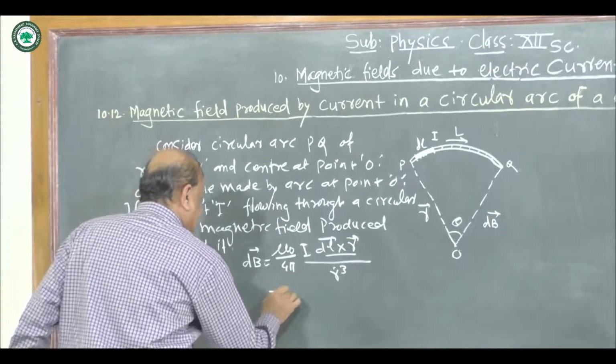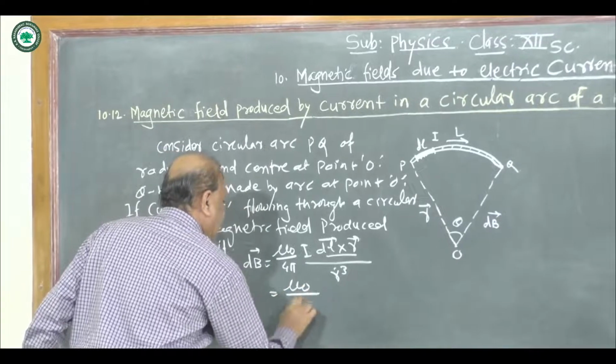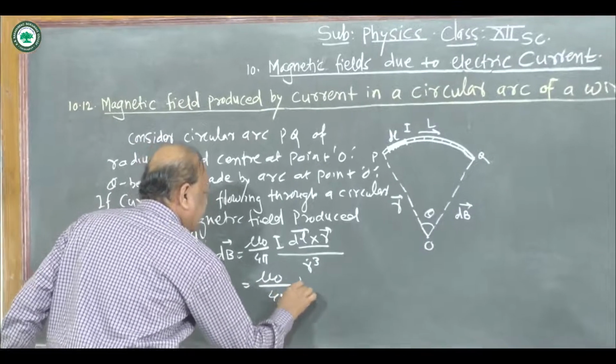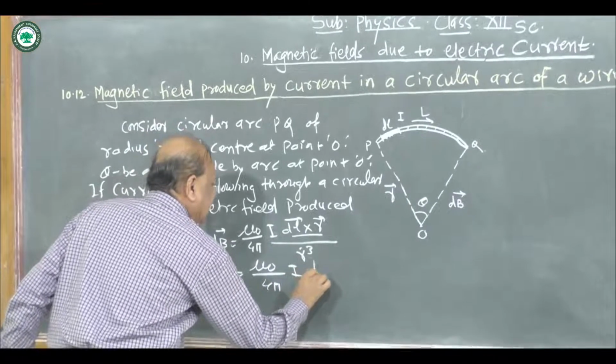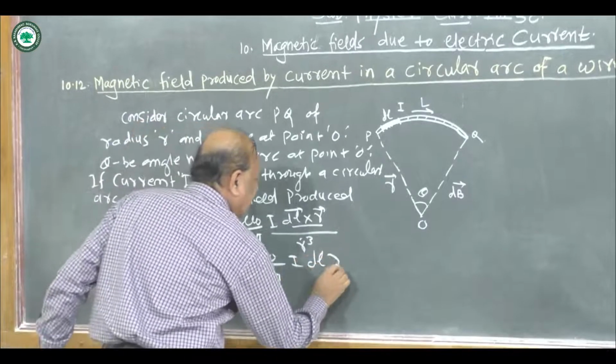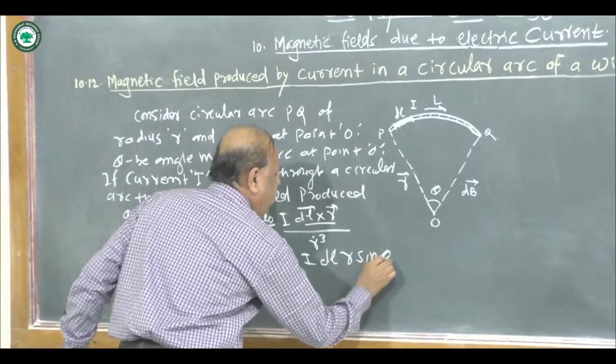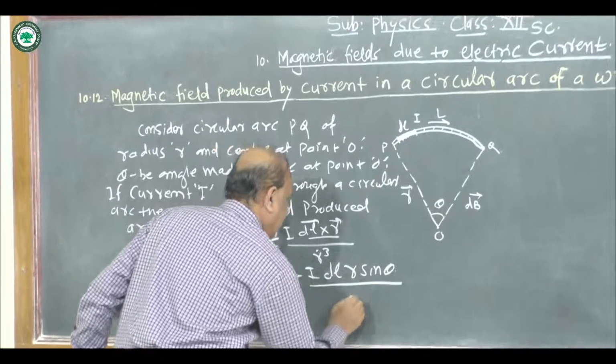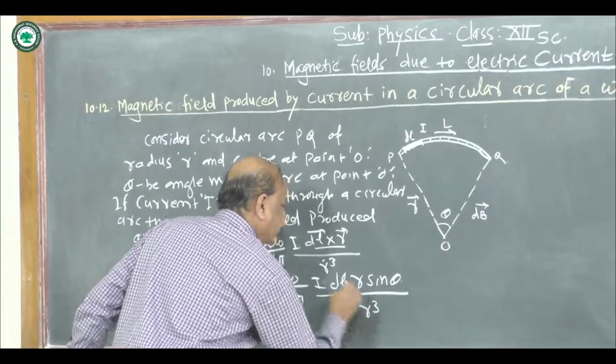We write this as mu 0 upon 4 pi, I dl r sin theta divided by r cube.